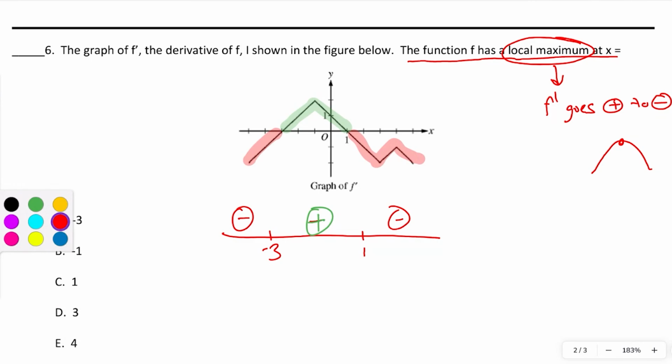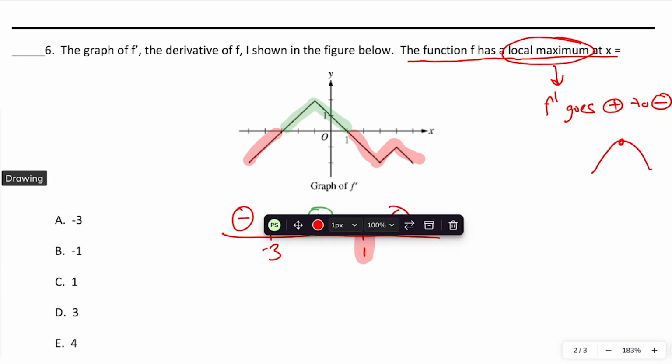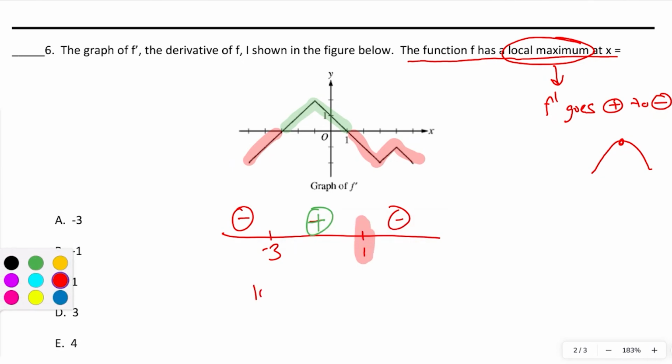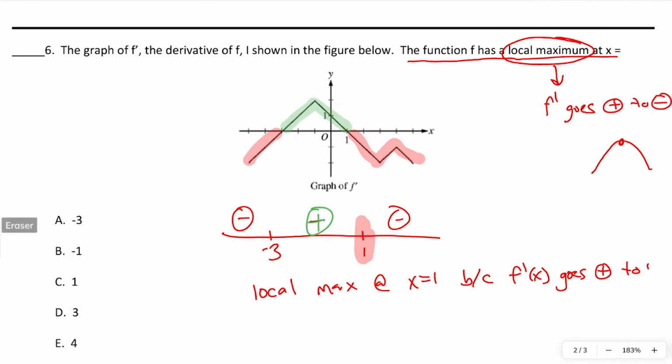So in order for us to have a local maximum, f prime has got to be going from positive to negative. We can see that that is happening at 1. So we've got a local maximum at x equals 1 because f prime goes from being positive to negative.